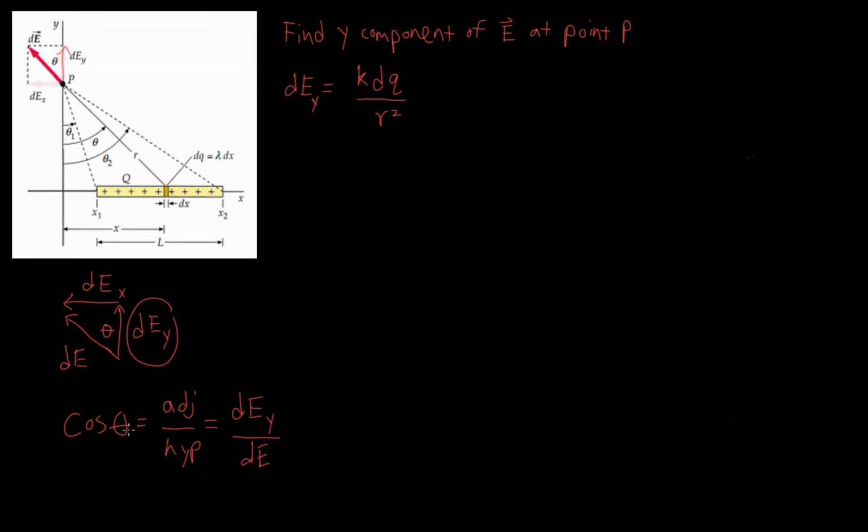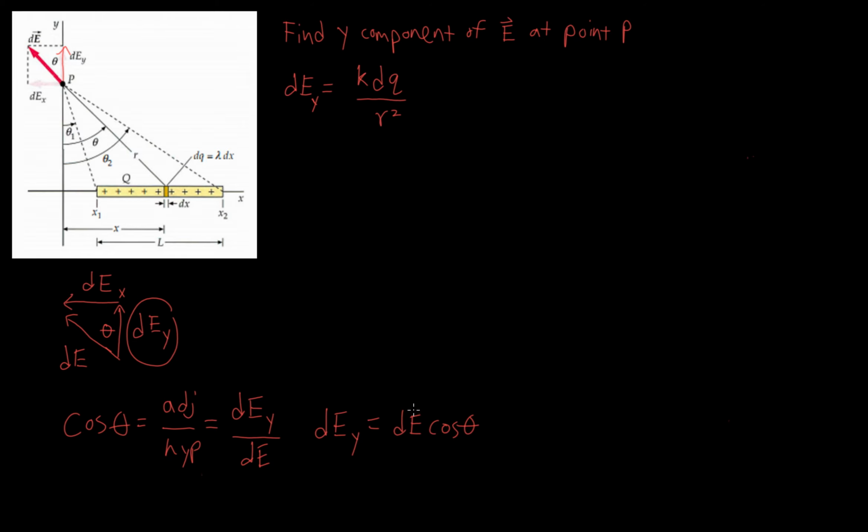And so what this means is that we want the electric field in the y direction. So if we solve for dEy in the y direction, we get that dE times the cosine of theta would give us the electric field at point P in the y direction.